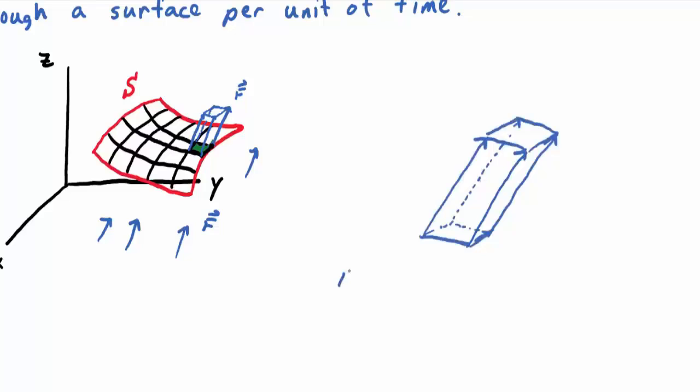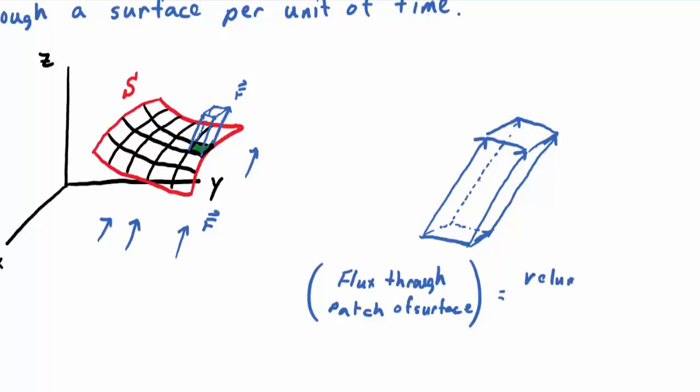So the flux through this little patch of surface, the patch being this guy in green right here, the flux through the patch of surface is going to be given by the volume of the parallelepiped. I'll put that in quotes because it's not really quite a parallelepiped, but as you make this grid of surface patches finer and finer, it gets closer and closer to a parallelepiped.